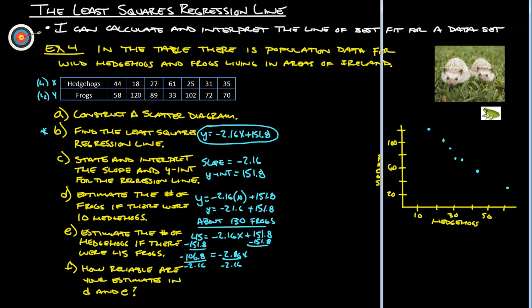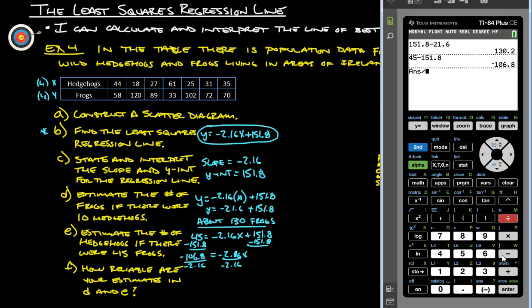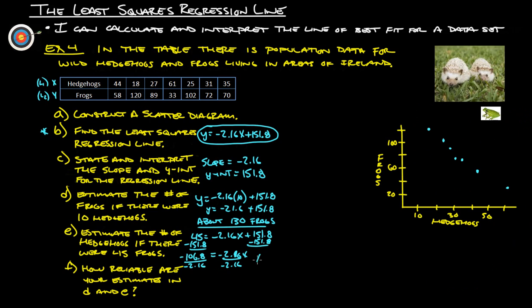Don't push subtract, put the negative, 2.16. And we get 49.44. I can't even remember, 49.44. So we're about 49 hedgehogs.